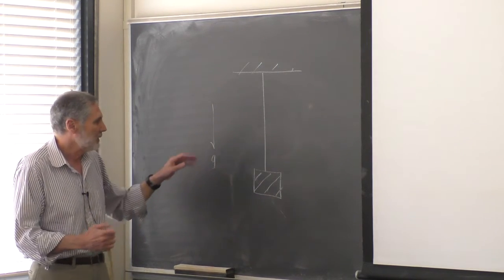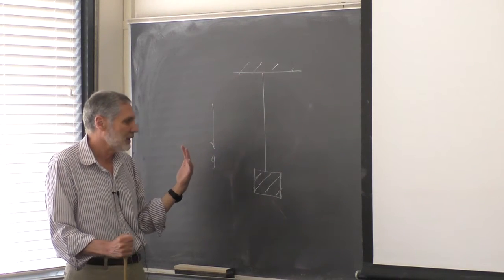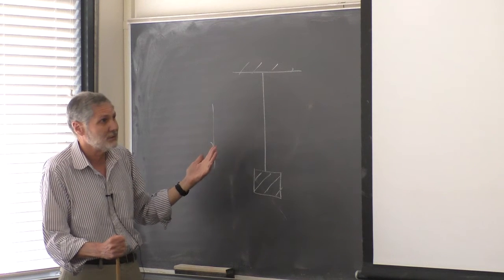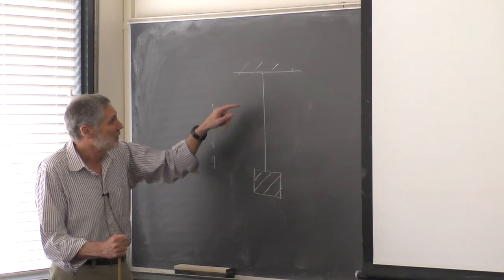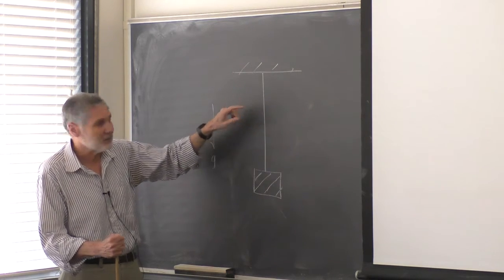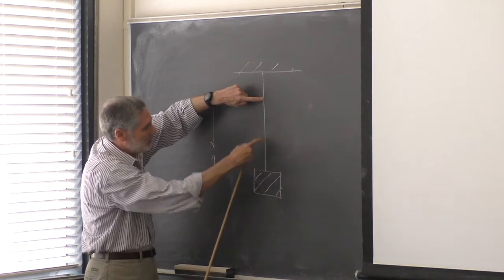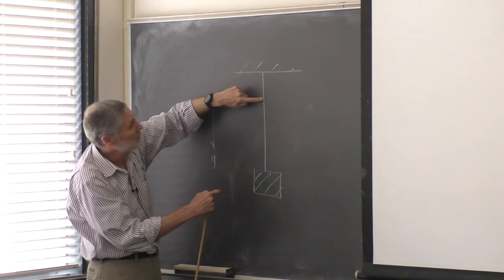But the effect of gravity here is not just to stretch this. The stretching by itself, I don't think, has any effect on the frequency. But it's going to be a non-uniform strain here, because this little segment here has to support this weight, right?